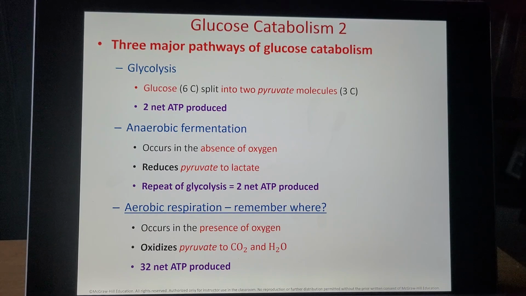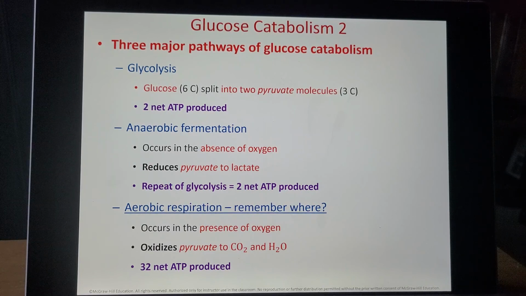But we can then use those pyruvate molecules either in anaerobic fermentation or aerobic respiration, depending on your oxygen levels. Anaerobic fermentation is when you have a lack of oxygen. The pyruvate is reduced to lactate, and this allows for a repeat of glycolysis where you can make 2 more ATPs.